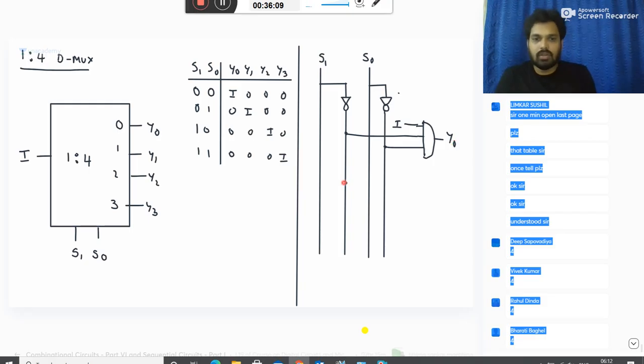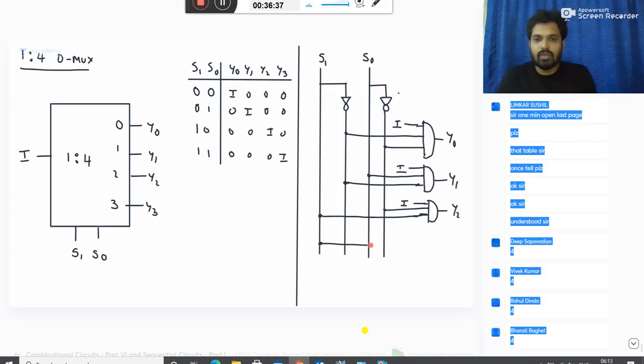When S1, S0 are 0, 1, your I will be given to Y1. When they are 1, 0, your I will be given to Y2.